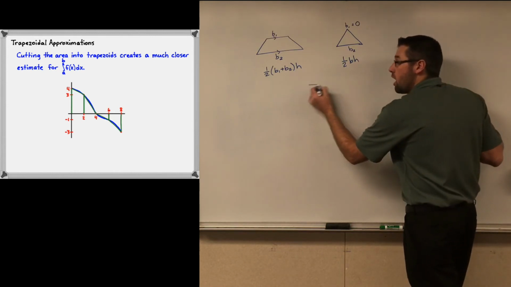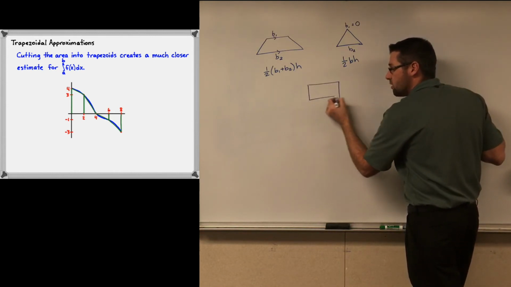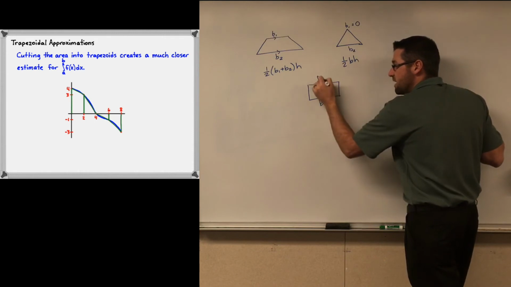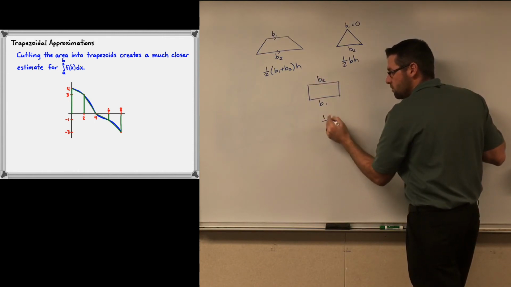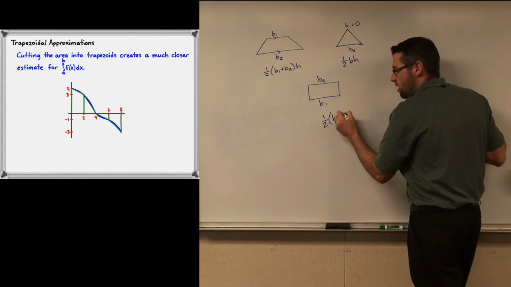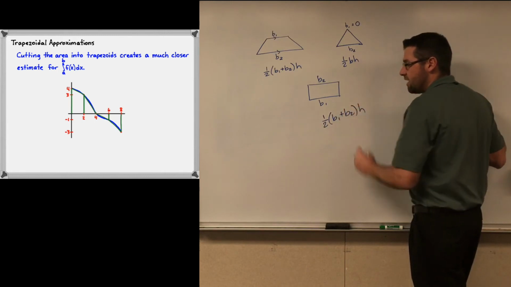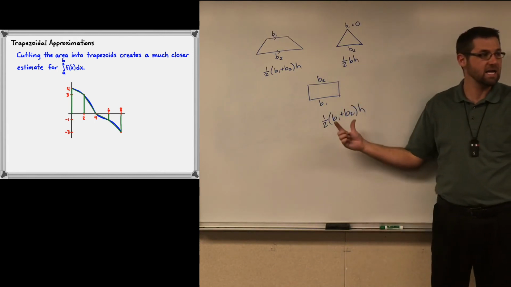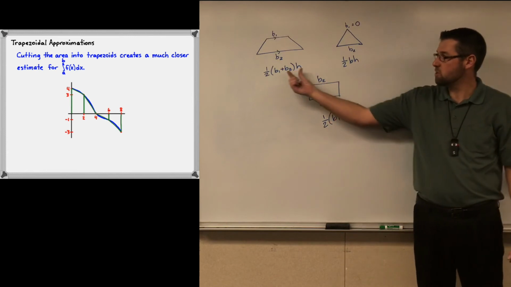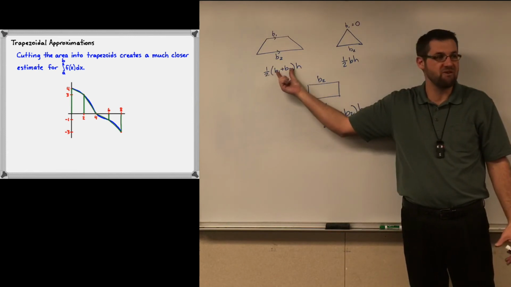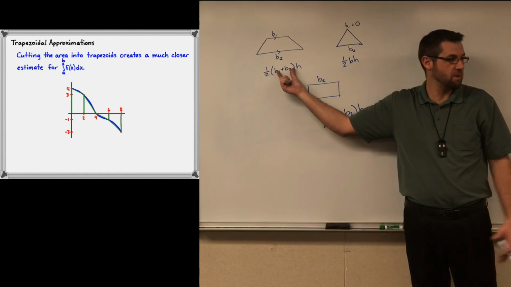You could do the same thing with a rectangle. Base 1 plus base 2, what is it? 1/2 (b1 plus b2) times height. That's the area of a rectangle as well. Why? Because what are we really doing when we say 1/2 (b1 plus b2)? What are we finding? The average of the bases, right?